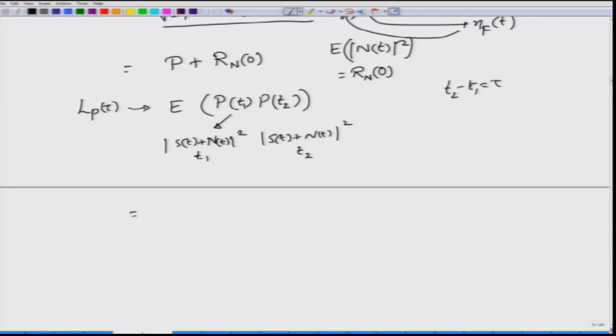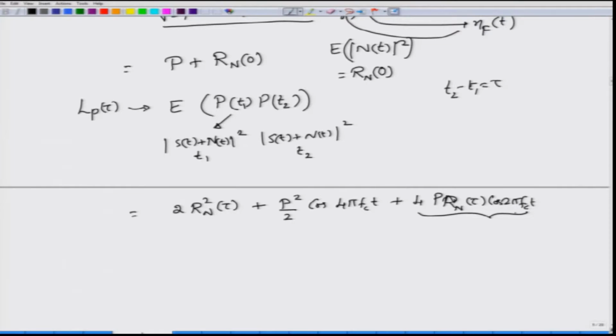So, you can solve for this one and see for yourself that this can be written as 2 Rn square of tau, where Rn of tau is the autocorrelation of the noise process, plus you are going to get a term which is actually fluctuating at twice the frequency Fc, okay, twice the signal frequency, plus you are going to get the beating term 4p Rn of tau cos 2 pi Fct, which would be the band pass process sitting at Fc. This is the one that is centered at Fc. Rn of tau is the autocorrelation of the noise process.